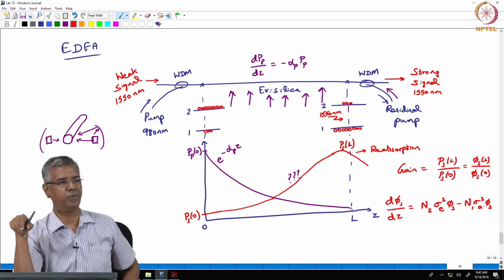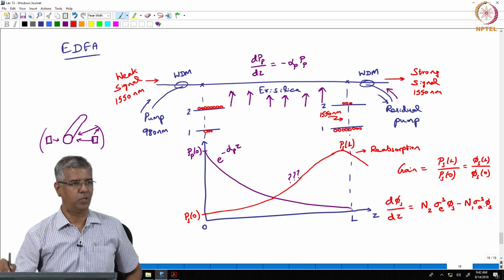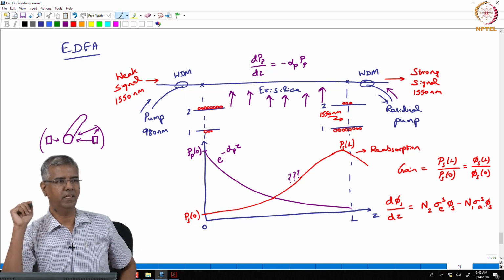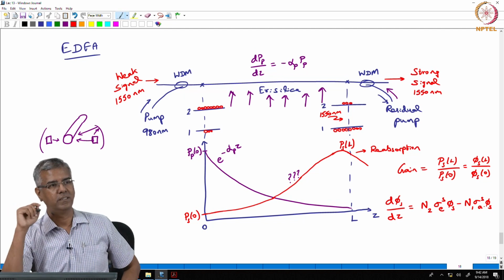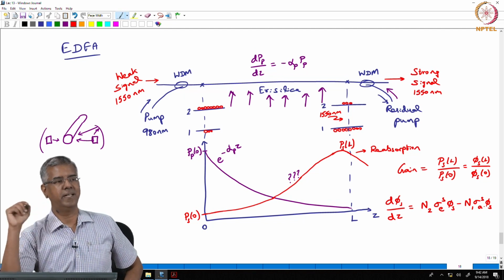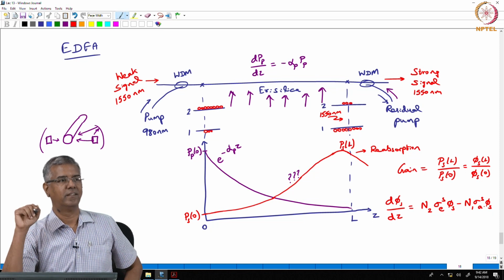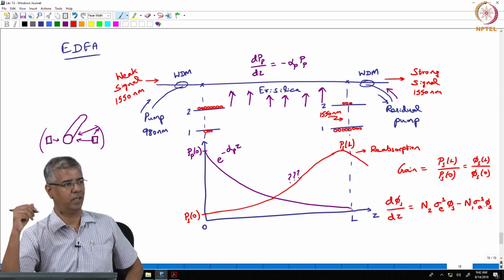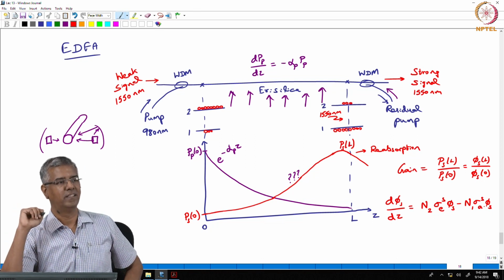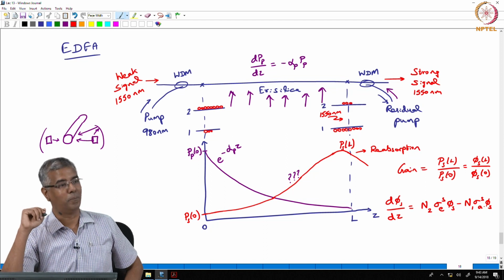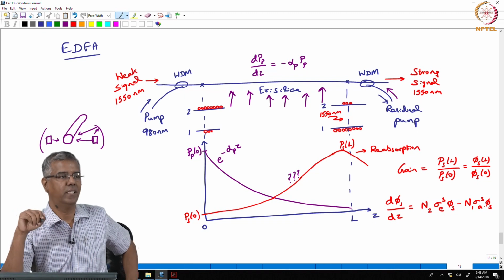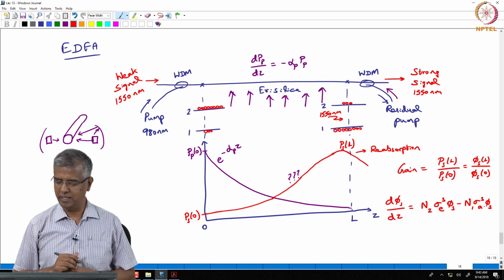If I were to write it out properly, I would say N2 of Z and phi s of Z, and N1 of Z, phi s of Z. And what determines N2 of Z and N1 of Z? Certainly it depends on the total amount of doping that you have done, but what else? The pump excitation that you have at that particular time, at that particular location. So that is what makes this a little more interesting.